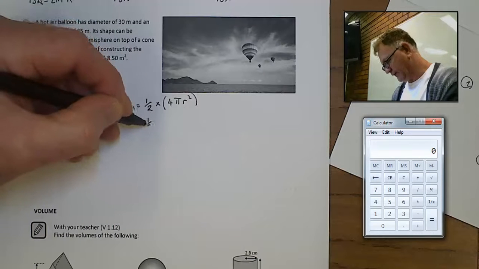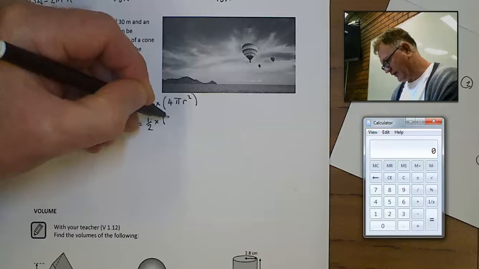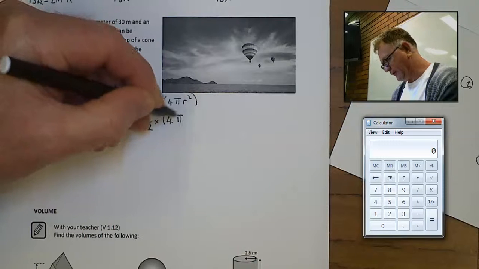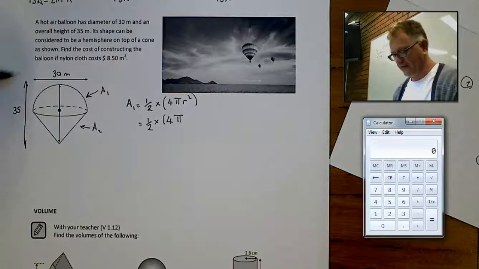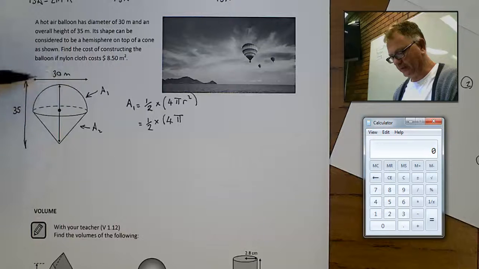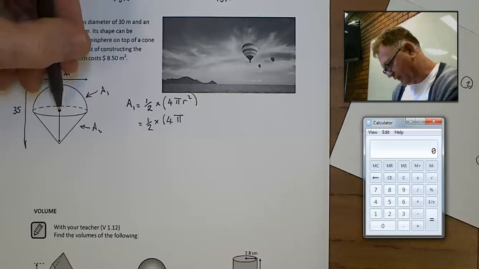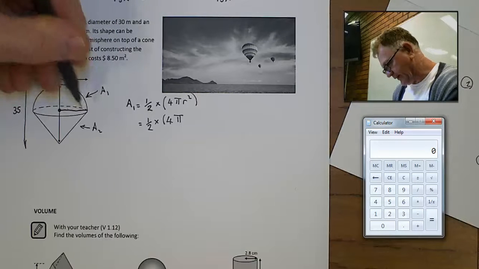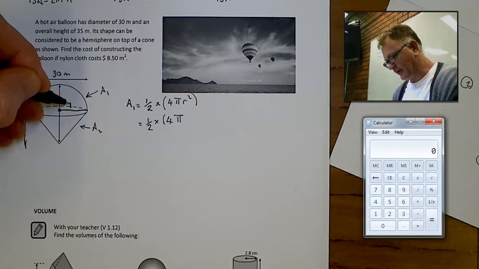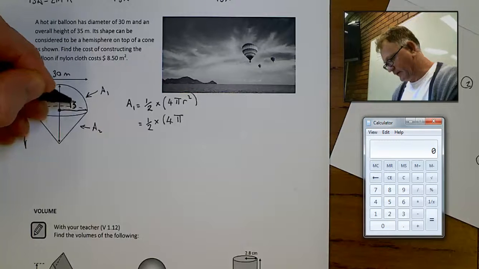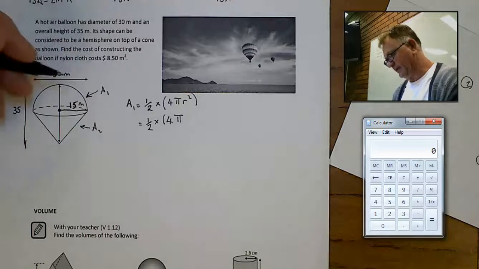So we want half times 4 pi times the radius squared. Remember, we're given the diameter was 30, so the radius is going to have to be half that. It'll be 15 metres in radius.